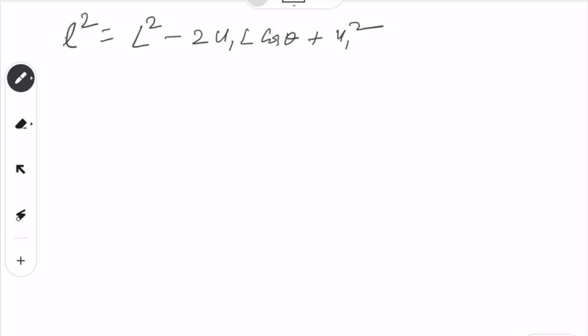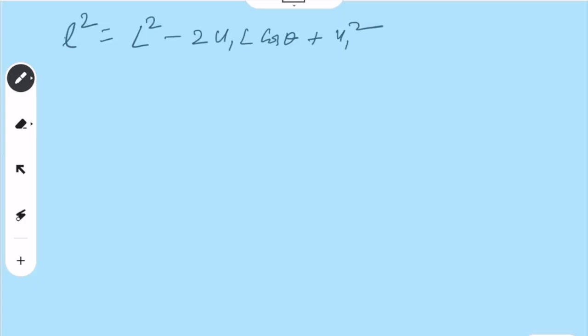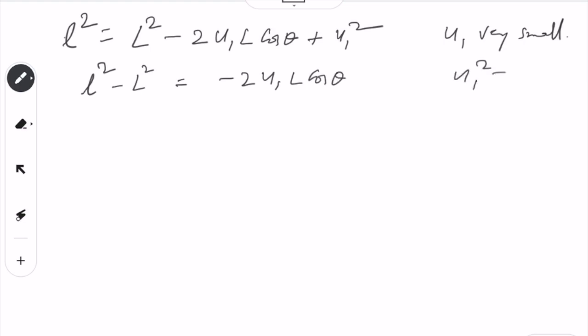That's what we have. Okay, and we are assuming u1 to be very small, and so we can rewrite this as small l square minus big L square is equal to minus 2 u1 L cos theta, and you are assuming u1 square equal to 0 because u1 is very small.